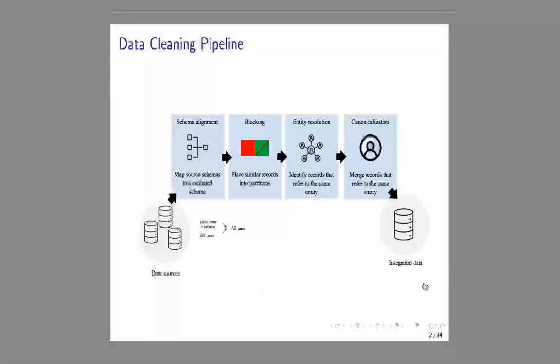So as I said before, there are 4 parts of the data cleaning pipeline. The first is the schema alignment, and the last part is canonicalization. So in this paper, and in this part of the tutorial, what I'm going to present is, to my knowledge, the first joint blocking and entity resolution approach that propagates the error of the entire task.